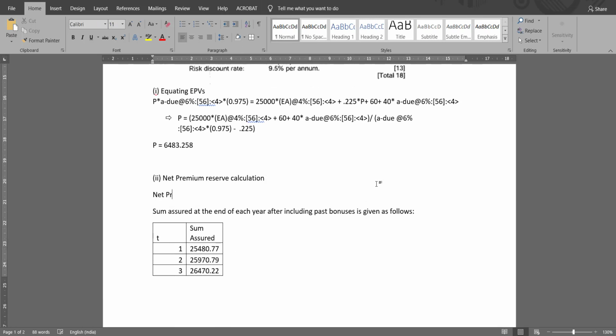Net premium. So what will the net premium be equal to? Net premium does not include any future amounts of bonuses. So you have 25,000 times your endowment assurance function. Copy and just paste.